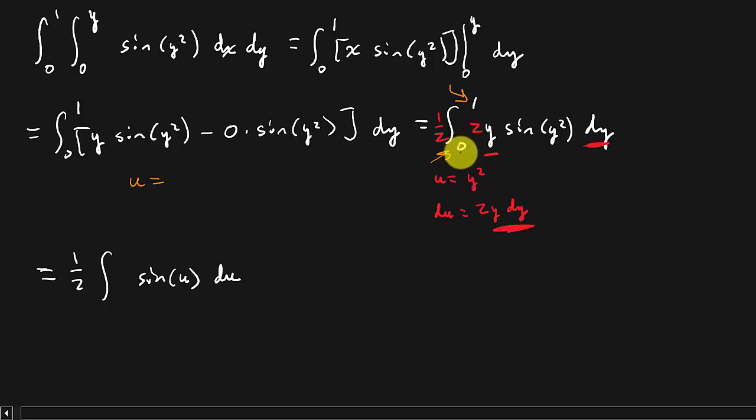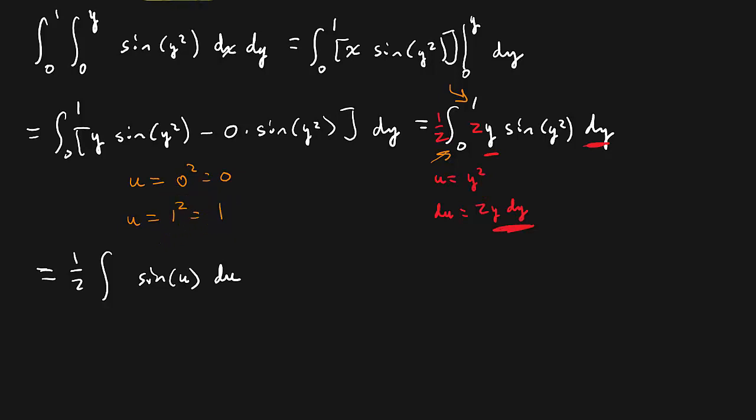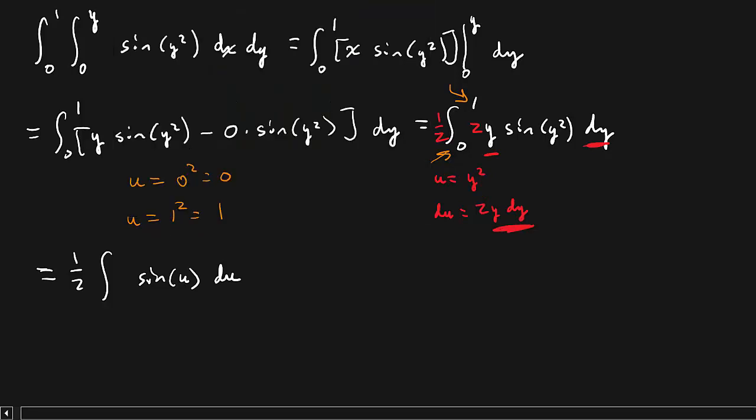You see that? So I'll plug 0 in for y. That's 0 squared, which is 0. And then u equals, and then I plug the 1 in for y. So that's 1 squared, which is 1. So in this problem, both are 0 and 1.